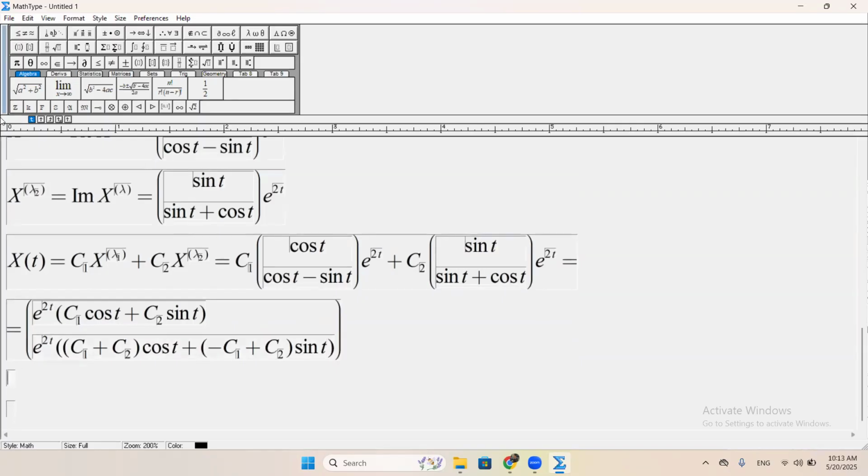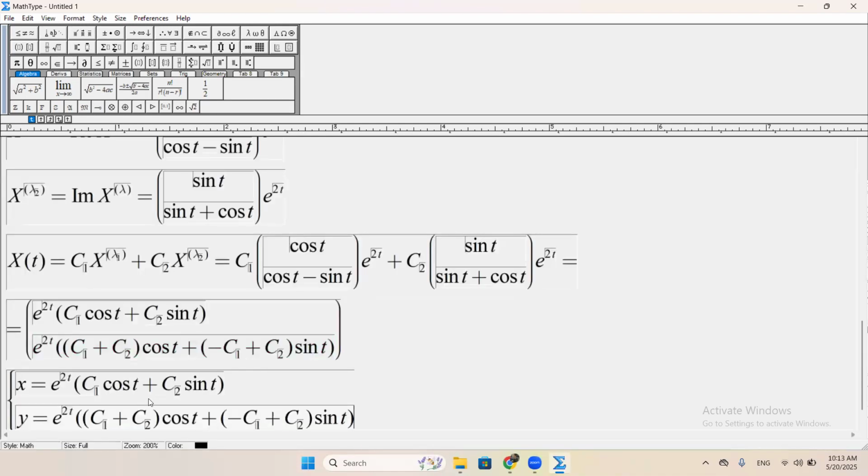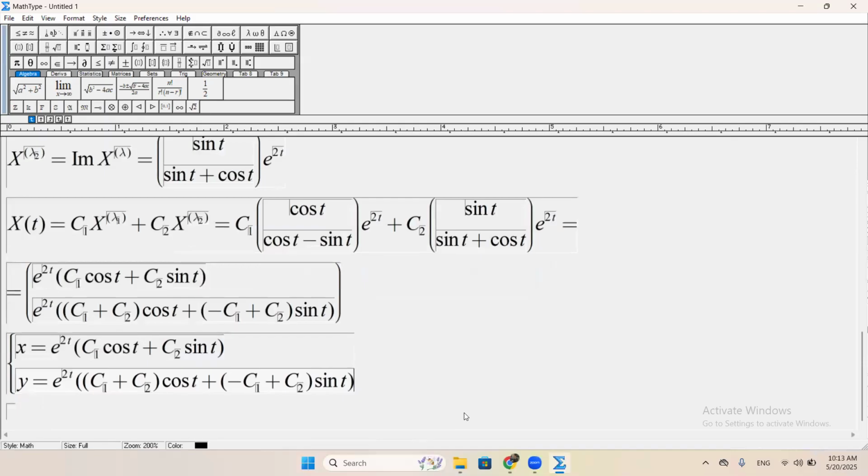And also the solution of the system can be written in the following form: x equals this expression, and y equals this expression. So found. Any questions about this exercise?